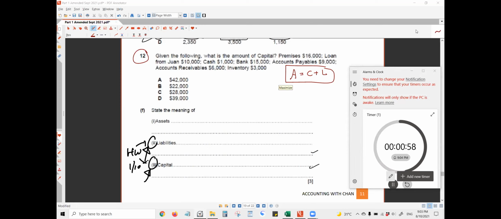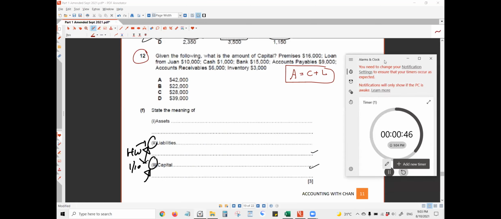When my students are attempting the question, usually I will close the video to let them try first, and later I will open up the video again. About 1 minute left. Do it like mathematics. A equals C plus L. They ask you to find the C.